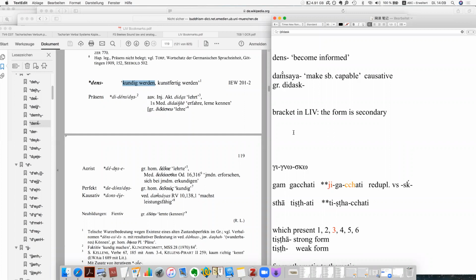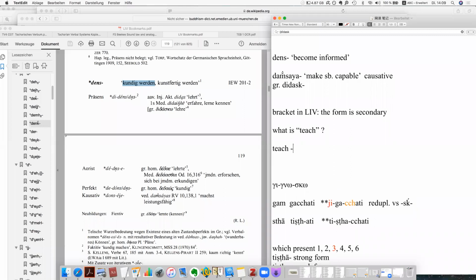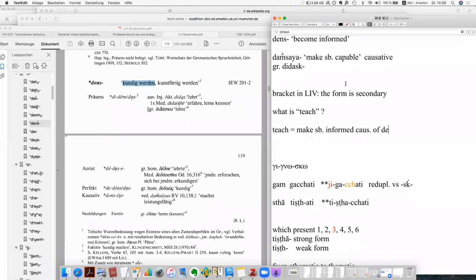So what is teach? Teach means make somebody informed, right? So it is the causative of dens, right? So it's causative dens.